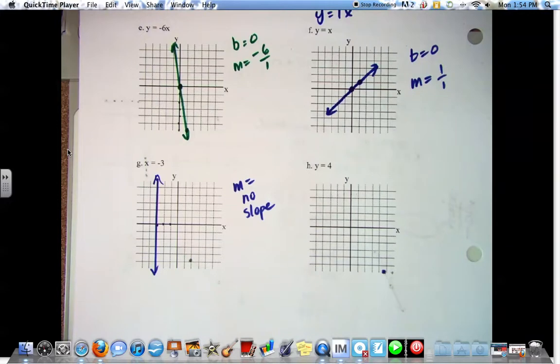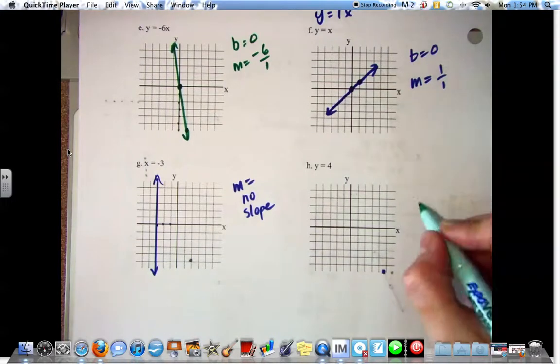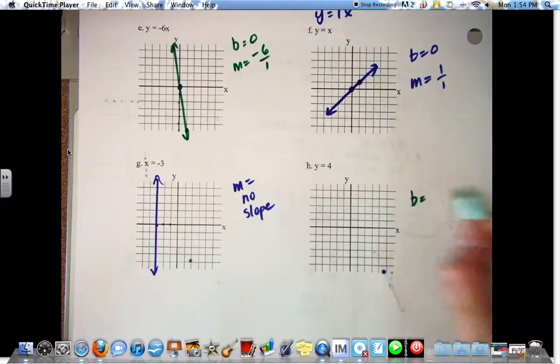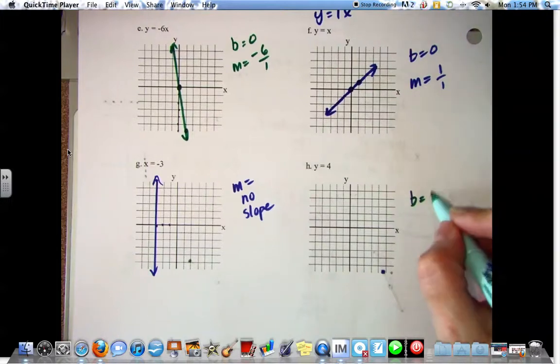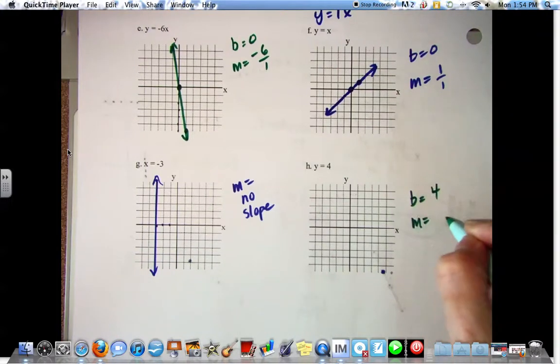All right, H. The y-intercept equals 4, and the slope is 4/1. No, just kidding.